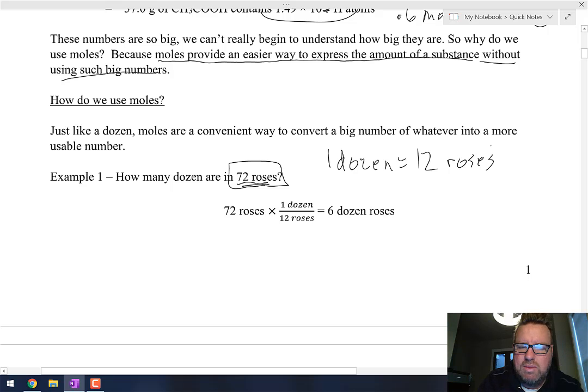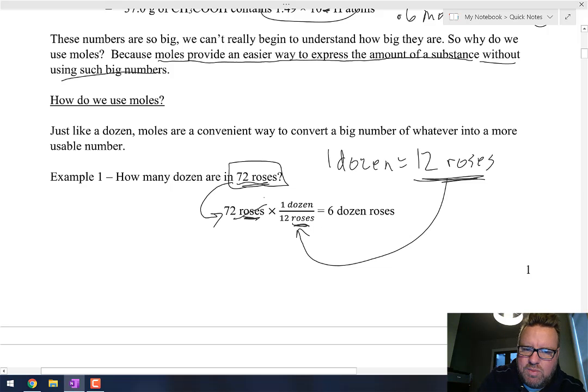Notice that what I'm doing is taking the number that they're giving me in the problem, and see how it's roses here? So I have to put roses on the bottom here. This is just doing some basic converting. Notice I put 12 roses on the bottom of my fraction. The reason that I do that is because now watch, roses over roses.